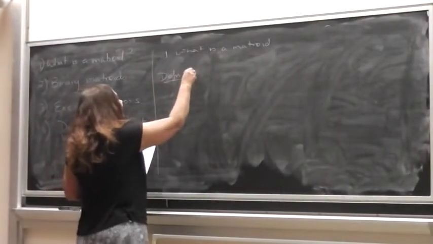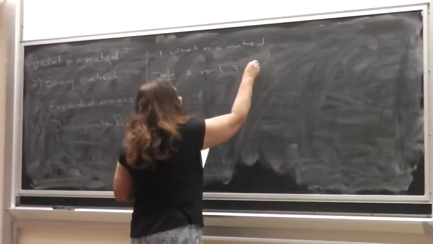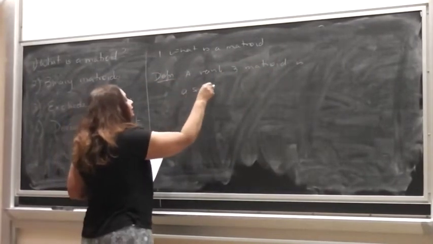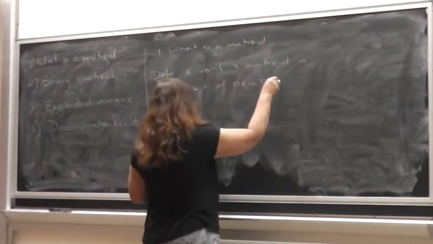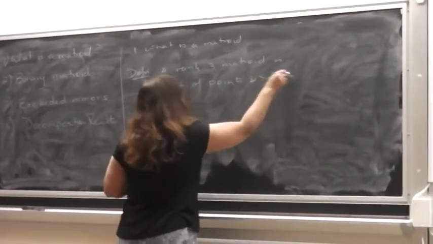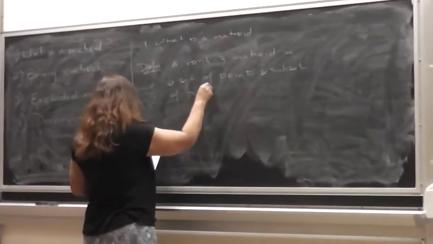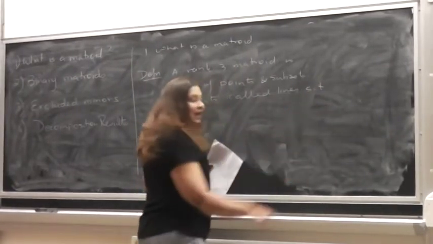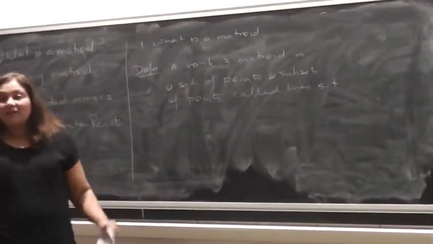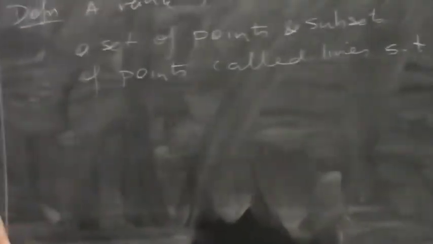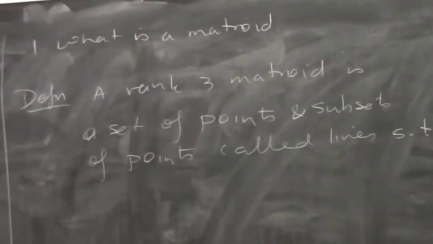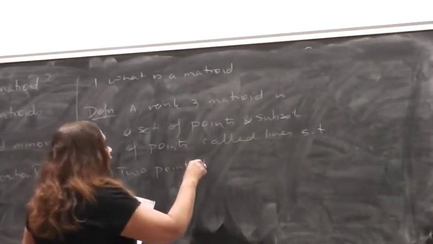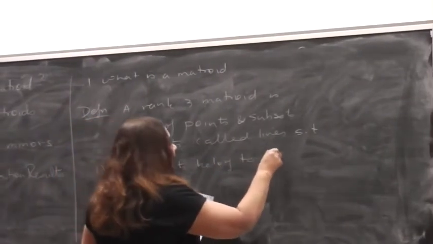A rank 3 matroid is a set of points and subsets of points called lines, such that the points and lines satisfy the usual axioms that you would expect points and lines to satisfy. So 2 points belong to exactly one line.